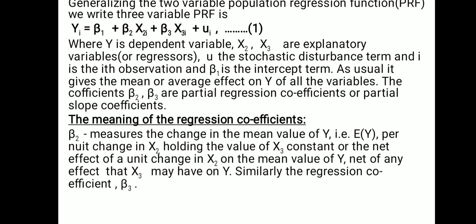In the sense that if there is a unit change in x2 keeping the others constant, on an average the dependent variable changes. Similarly, beta 3 gives the net effect of a unit change in x3 on the mean value of y, net of any effect x2 may have on y. Beta 2 and beta 3 are the partial regression coefficients.